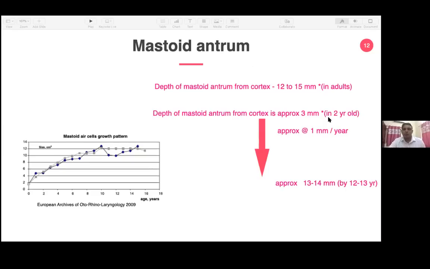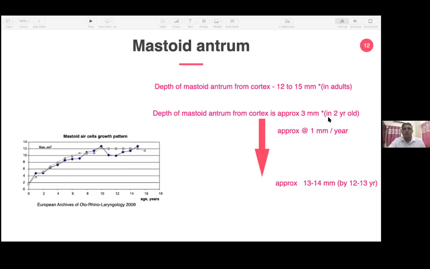And by the pull of the sternocleidomastoid, the mastoid tip is dragged down. So the mastoid air cell system is going to be pulled by the mastoid tip by the sternocleidomastoid muscle. This is how the mastoid air cell system grows.